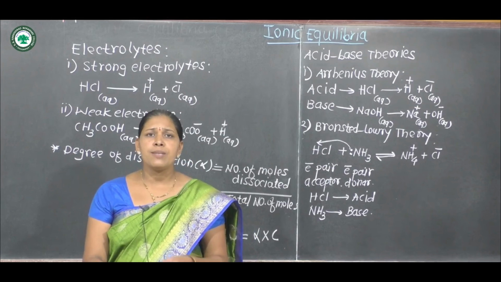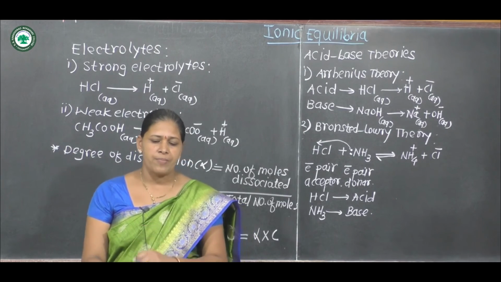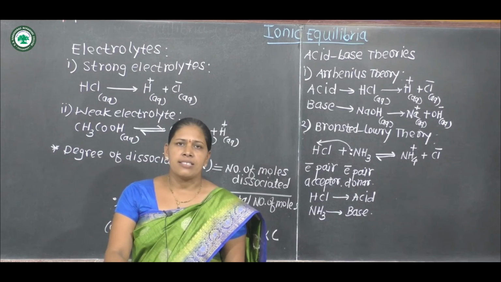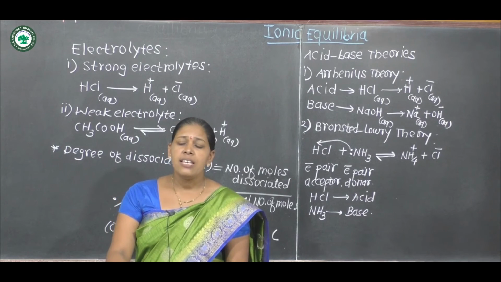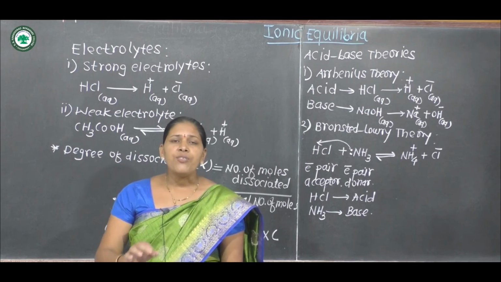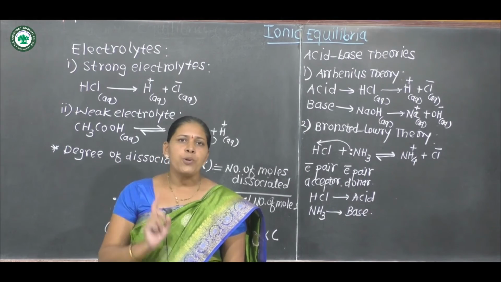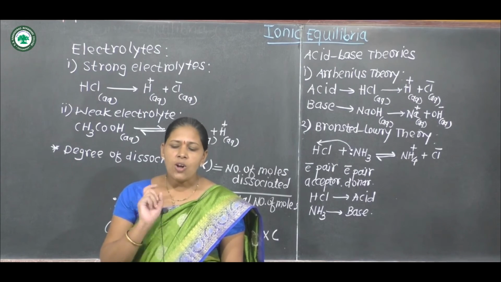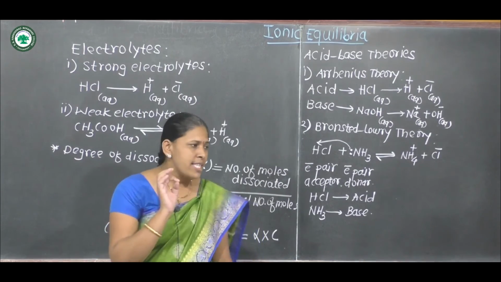First of all, what is meant by conjugate acid base pair? It is a pair of an acid and base that differ by only one proton. Differing by only one proton is called a conjugate acid base pair.